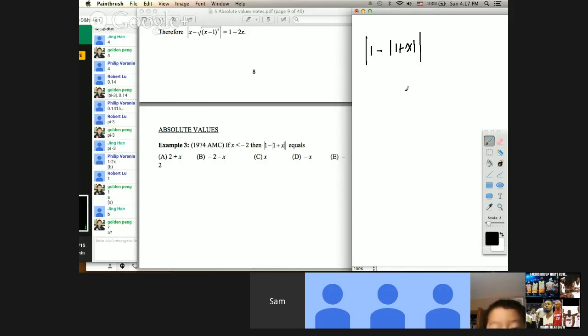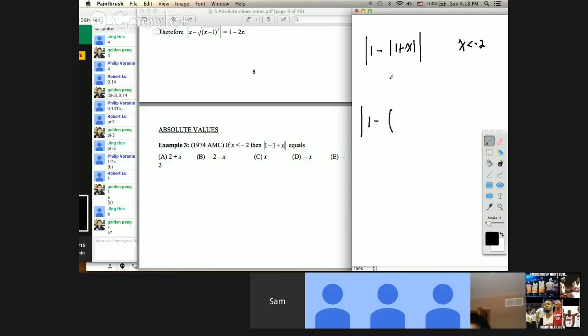So I said work from the inside out. It says x is less than negative 2. So you have that. So let's work on the inside first. Ignore everything else. So it's the absolute value of 1 minus, and then whatever this expression is right here.